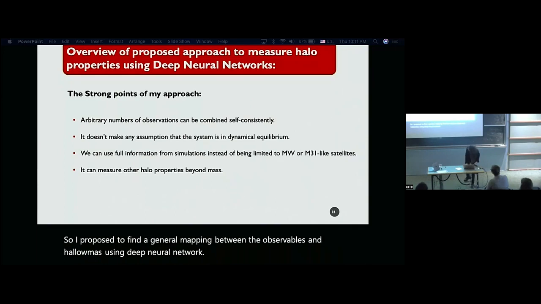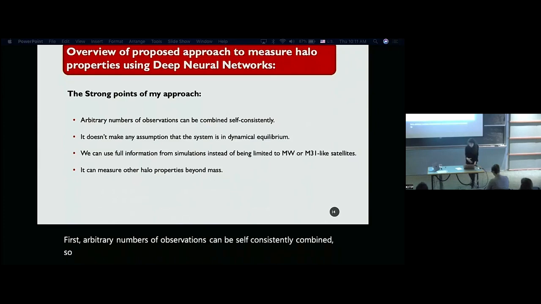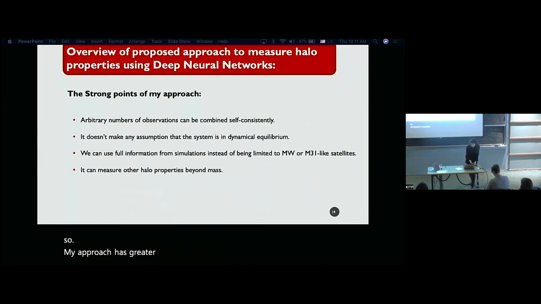My approach has some strong points. First, arbitrary numbers of observations can be self-consistently combined, so my approach has greater constraining power than existing simulation-based techniques.